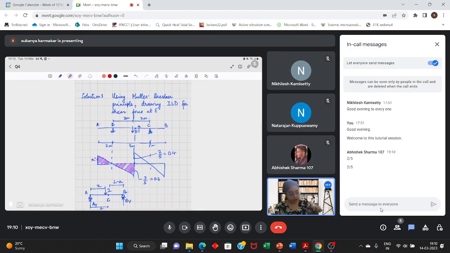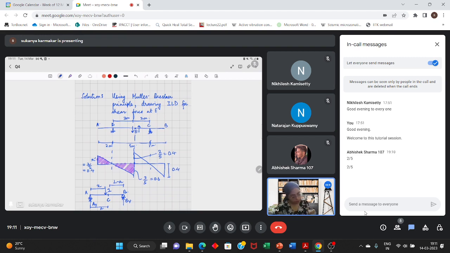That will be equal to 2 by 5, that is 0.4. And similarly, what will this value be? This value will also be 0.4. Since this is 2 meter, this is 2 meter, this is 0.4.